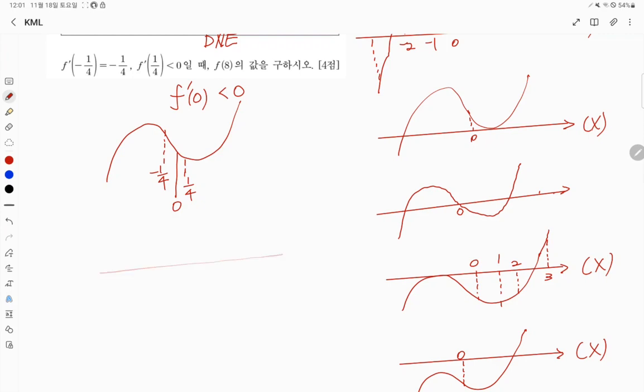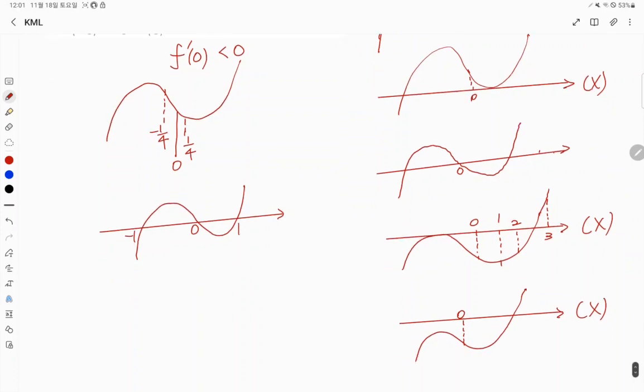So one case we can think of is when all of the roots are integers, 0, -1, and 1. In this case, we can directly find the equation of the function.